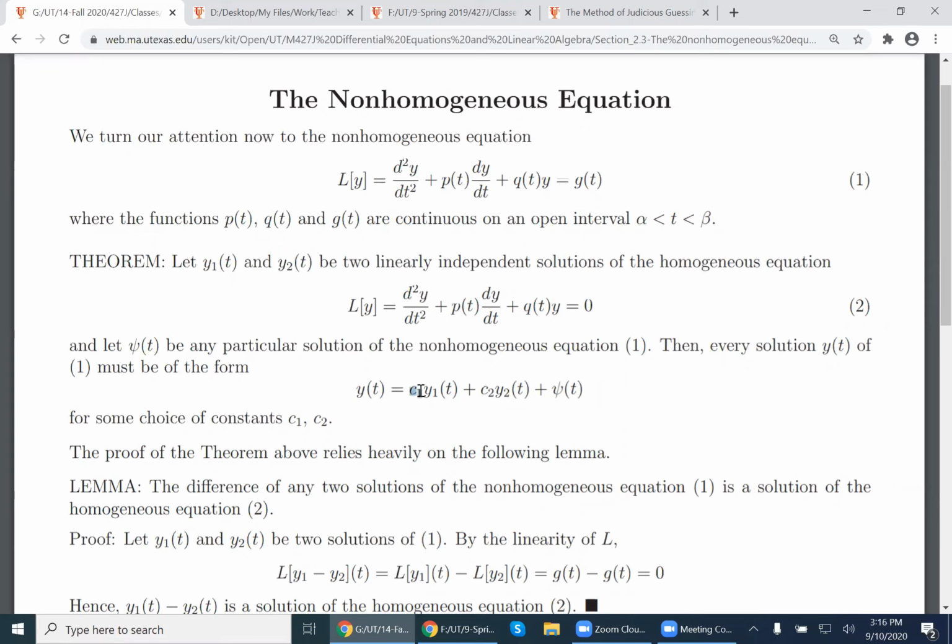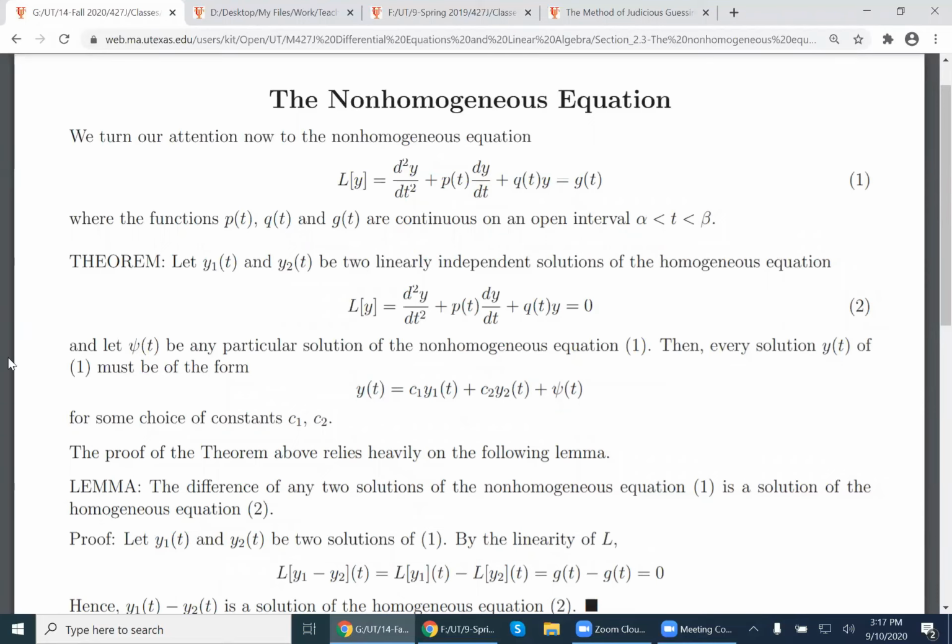If C1 is 0 and C2 is 0, then y is equal to psi. Okay, that makes sense. C1 does not have to be 0. C2 does not have to be 0. C1 is some constant, C2 is some constant. This is the difference between y and psi. Psi is some solution. Y is the general solution.